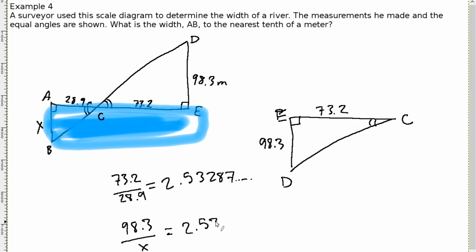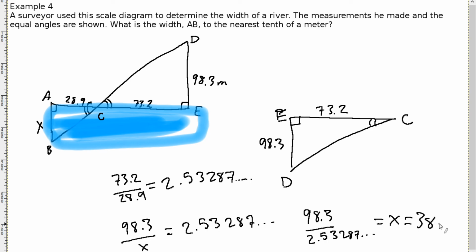equals 2.53287. If we use algebra, multiply both sides by X, and then divide both sides by this decimal, we end up having 98.3 divided by 2.53287 equals X. And we end up getting X equals 38.8 meters.